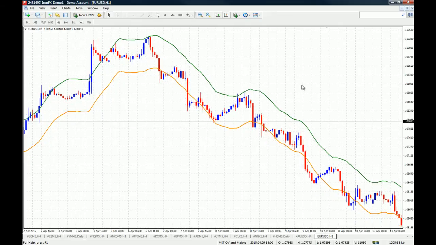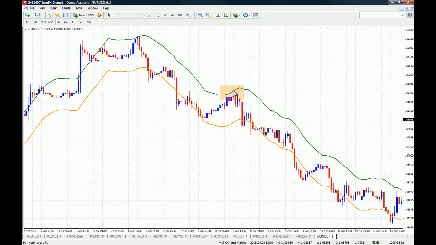And what we're going to do here is, when price corrects to the upside and hits the upper boundary of the envelope, we are going to go short. Of course, the stops are going to be here above the previous high, and our entry is going to be right here.